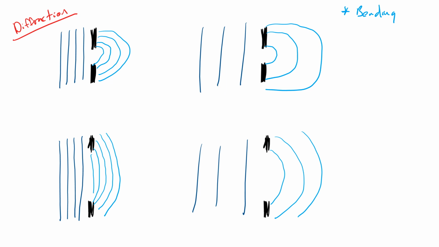If it widened enough, there would be nothing to move through and there would be no bending because it would just continue to move like the wave was moving before. So this diffraction is bending, and we see it through or around obstacles.